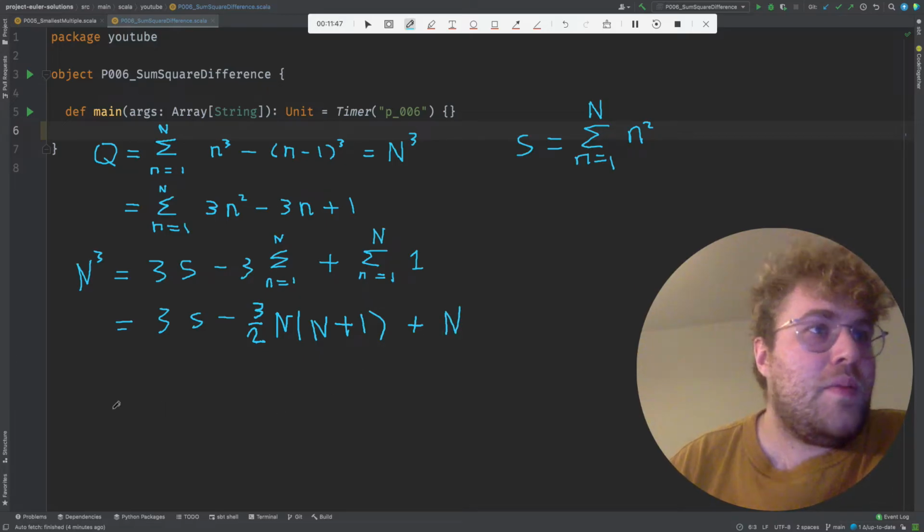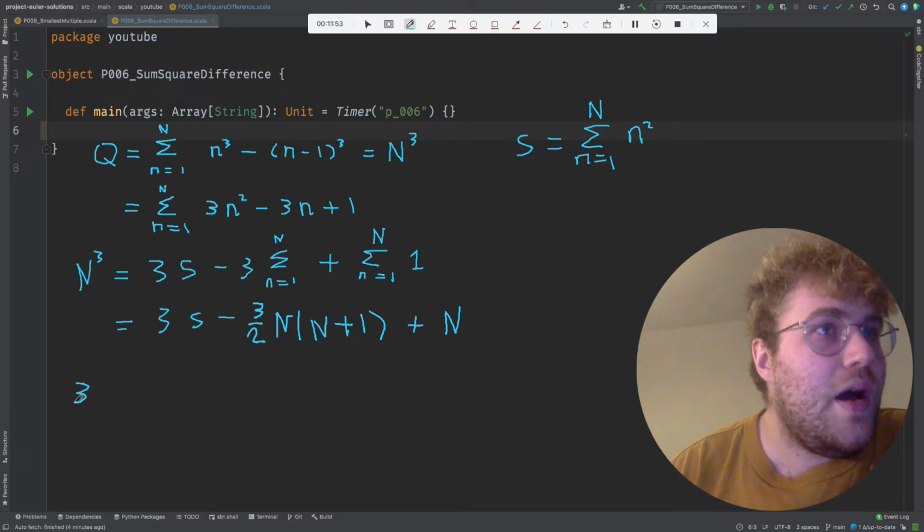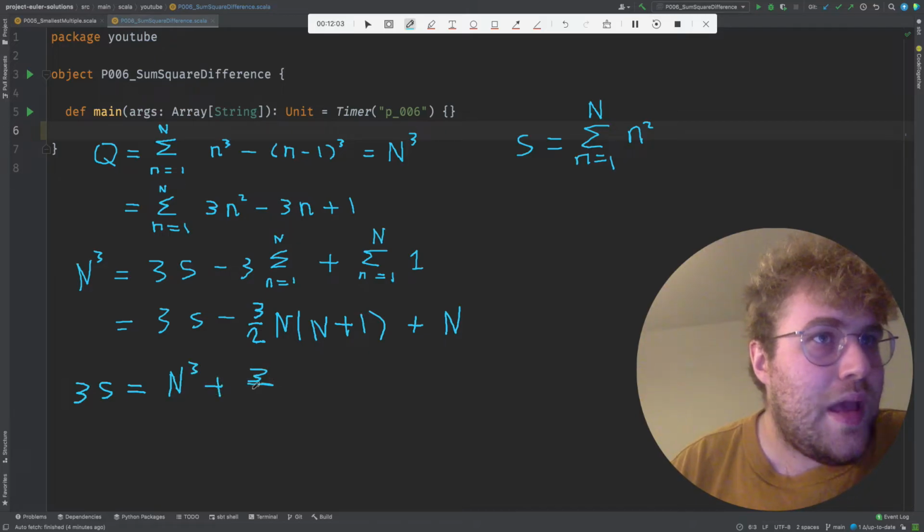Great. So we can rearrange this in terms of S, or 3S, because I'm not quite clever enough to do all of it in my head. So 3S is going to be equal to N cubed plus 3 over 2 times N(N plus 1), and that gets its own bracket now.